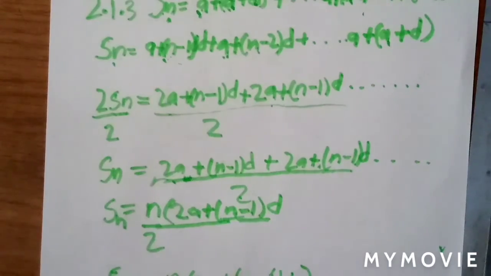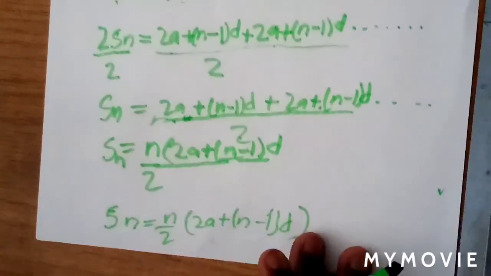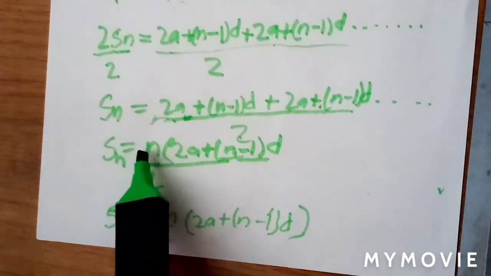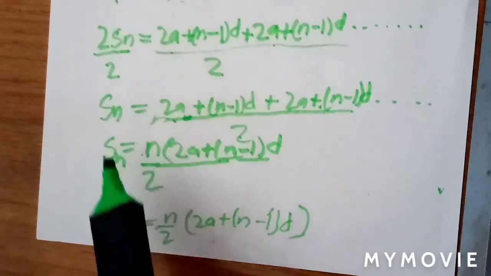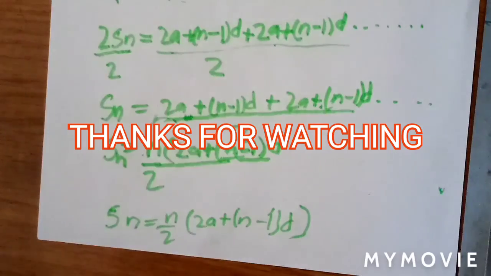Yeah, this question was a little bit tricky, but you must know that this n is equal to the number of terms. This represents the number of terms. Okay, thank you.